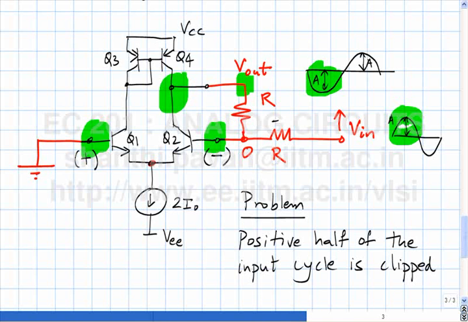And the moment the collector of Q4 and Q2, which is the output of the op-amp, attempts to swing below the base potential of Q2, which happens to be the common mode of the two input signals to the op-amp, Q2 gets into saturation, thereby destroying the high gain property of the op-amp, causing the output sine wave to distort.